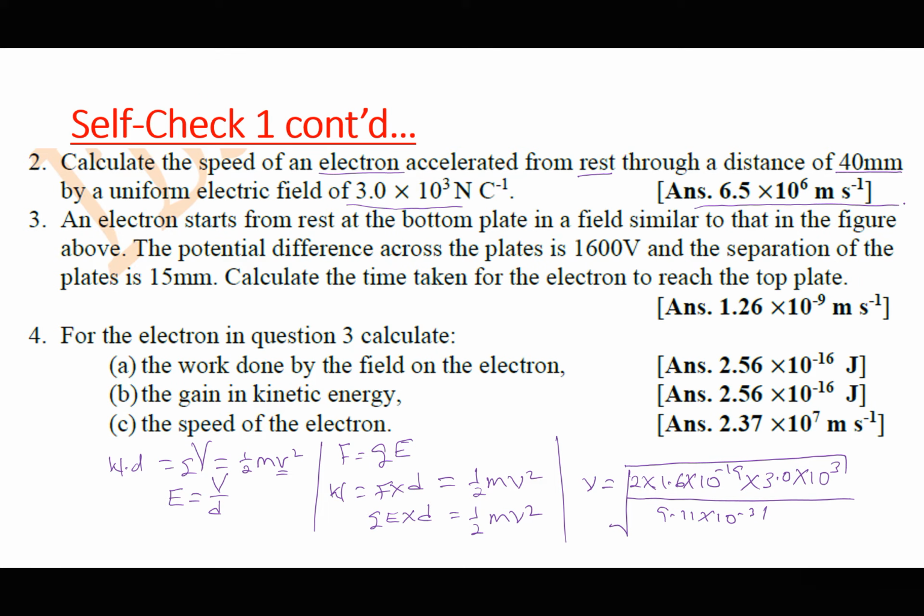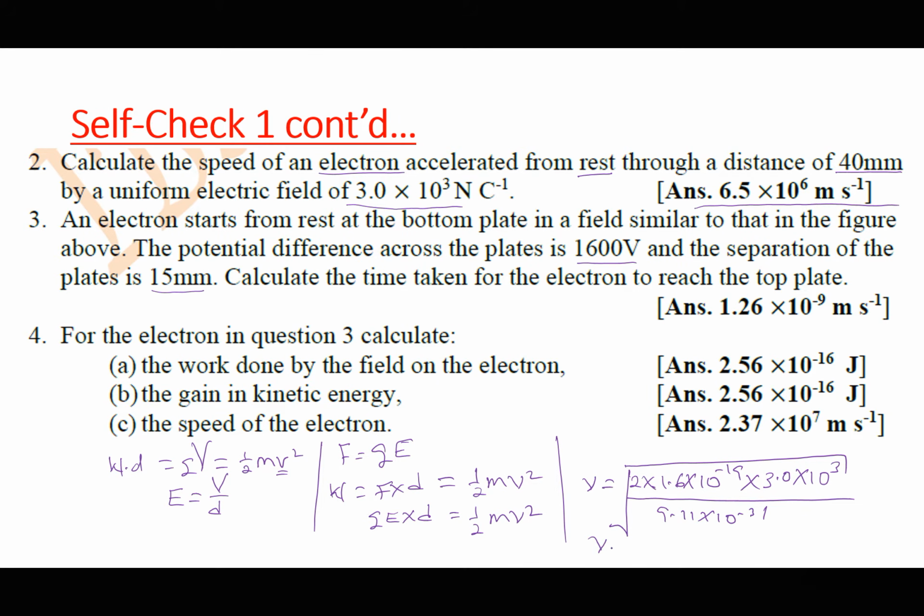Number 3. An electron starts from rest at the bottom plate in a field similar to that in the figure, that is in the example above that we have done. The potential difference across the plates is 1600. The separation, that is D, is 15 millimeters. Calculate the time taken for the electron to reach the top plate.